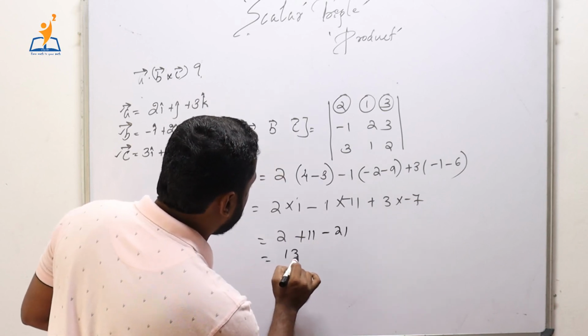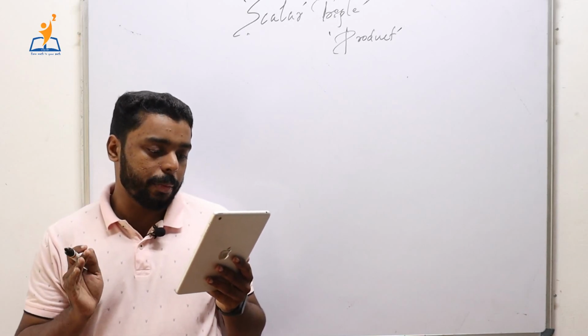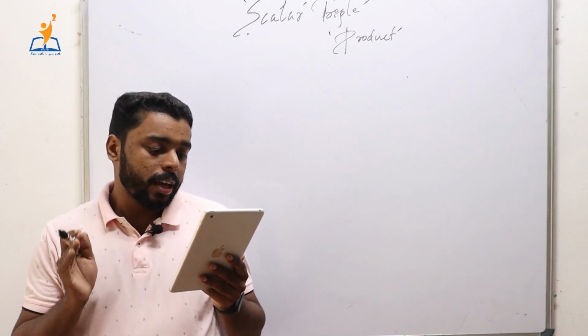So 13 minus 21. Next question is, find lambda if the vectors are coplanar.